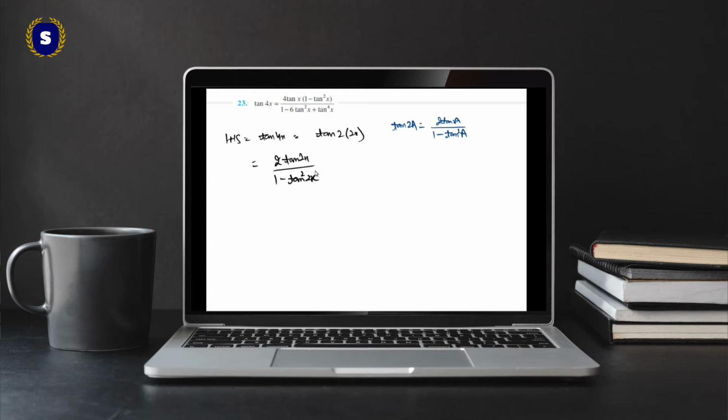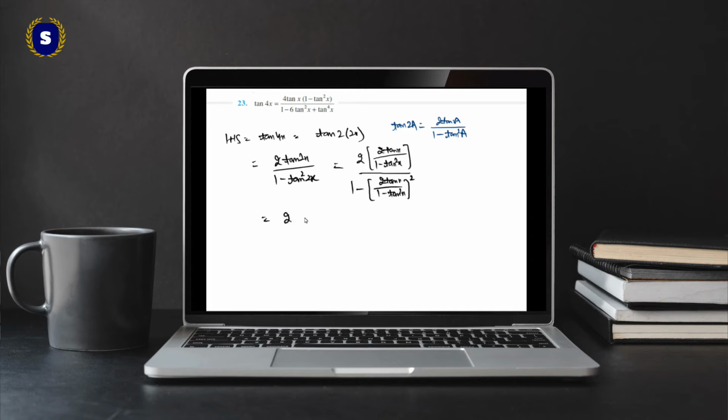Now again we have to apply this identity of tan 2a on the numerator and denominator side. So we'll get 2 tan x upon 1 minus tan square x on the numerator side. Not a bit difficult, but on the denominator side we have tan 2x and its square, so 2 tan x upon 1 minus tan square x, whole square.